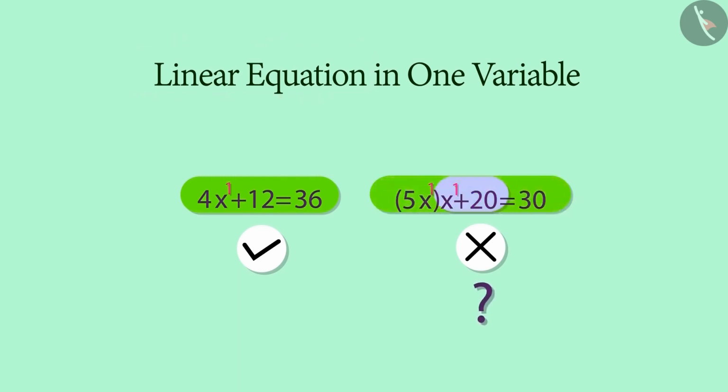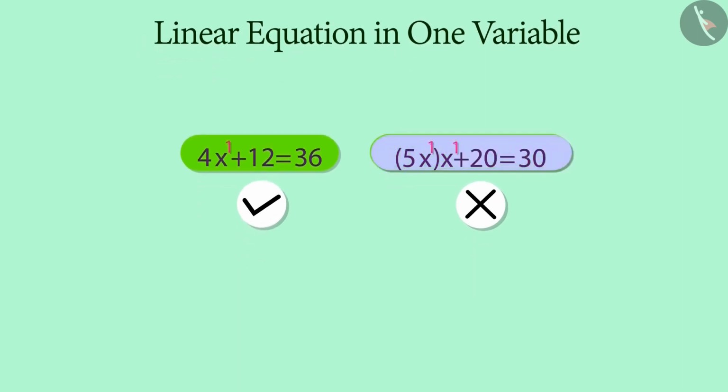equation? Let's find out. An important aspect of this equation is that x in the equation is multiplied by 5x. So, the term related to x in this equation will be a product of 5x and x. Here we see that two terms with base x are being multiplied.